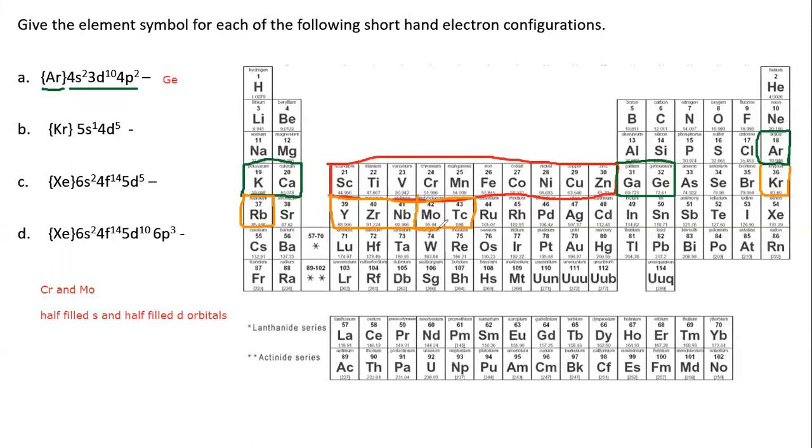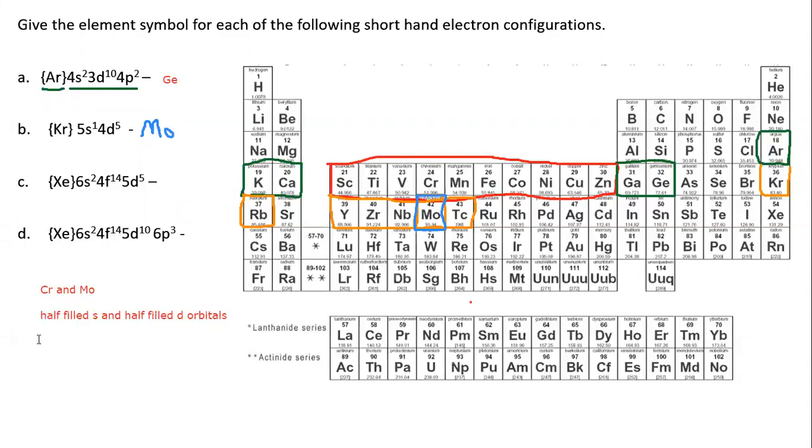Again, molybdenum and chromium are exceptions to the Aufbau principle because it's lower in energy to have a half-filled s orbital and a half-filled d orbital. Again, it's only for chromium and molybdenum. So the answer for B would be molybdenum. So that's one exception.